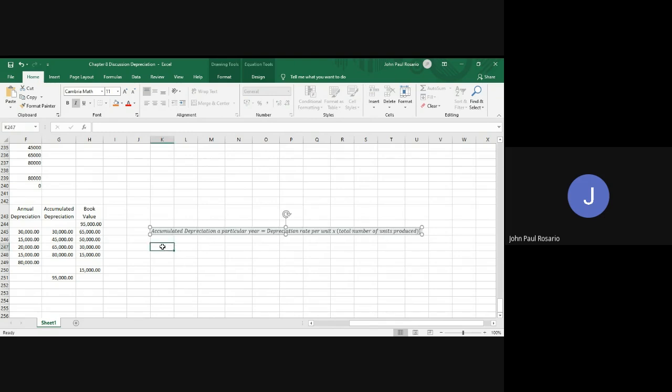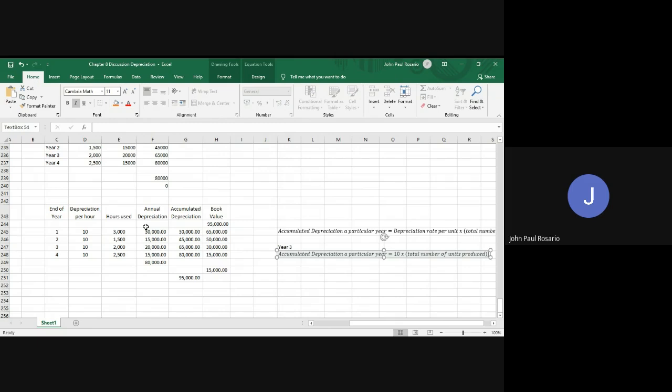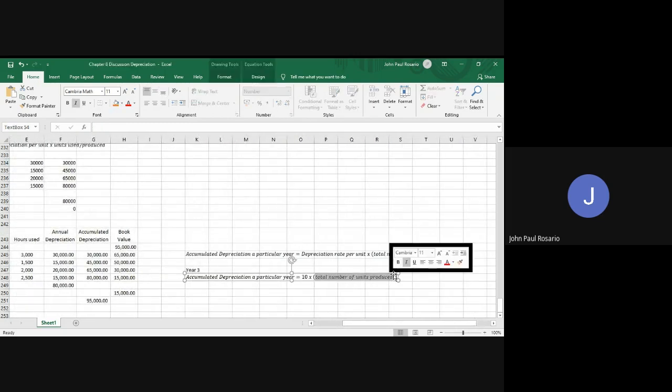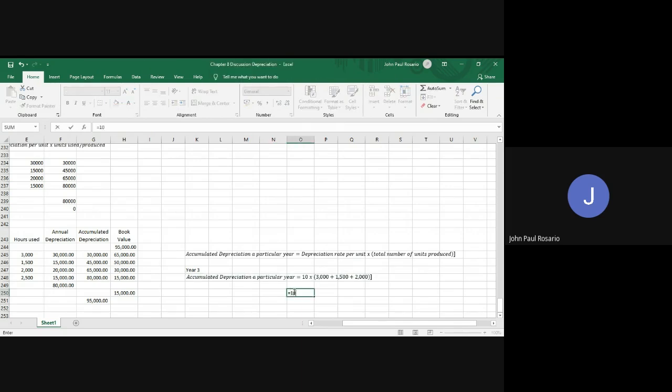For example, on year three, our depreciation rate per unit is 10, and we multiply that by the total number of units produced: 3,000 plus 1,500 plus 2,000. So our accumulated depreciation in year 3 is 10 times 3,000 plus 1,500 plus 2,000, which is 65,000, equal to the accumulated depreciation on our schedule.